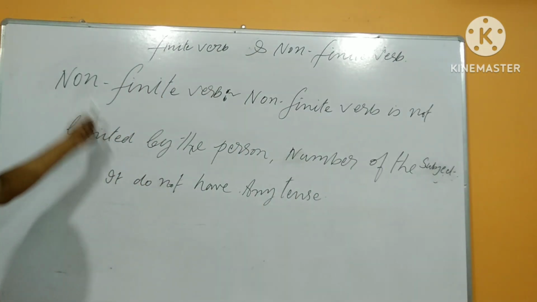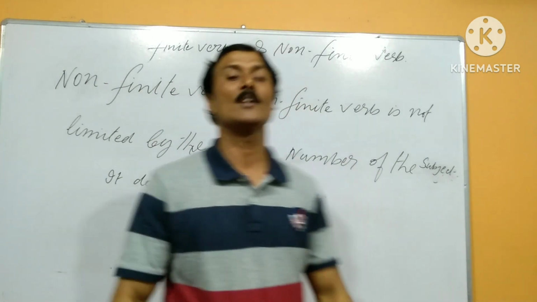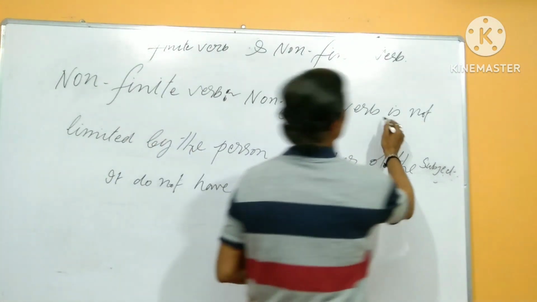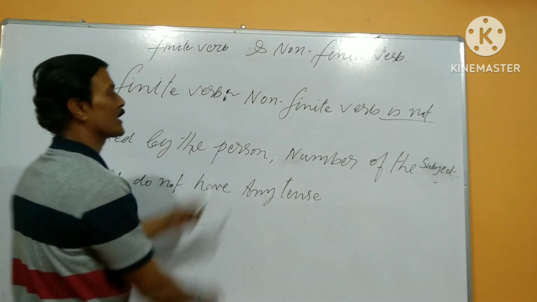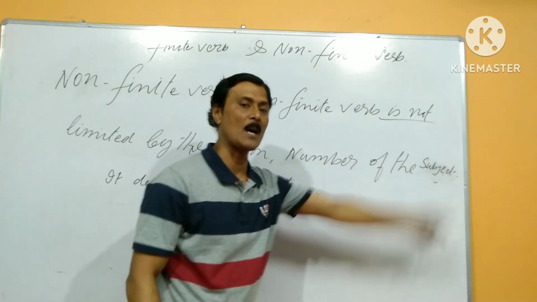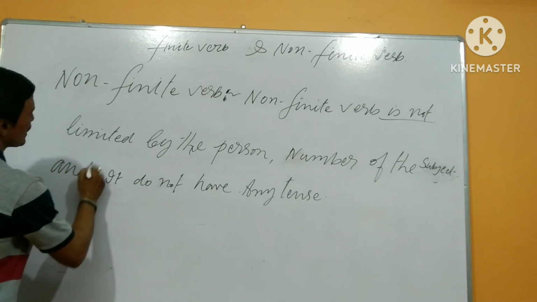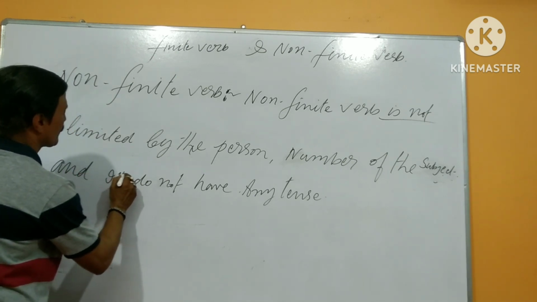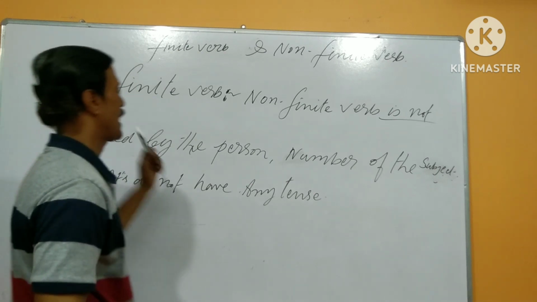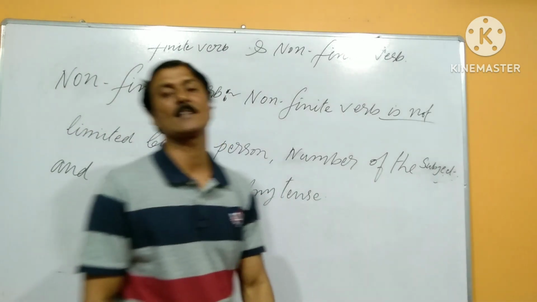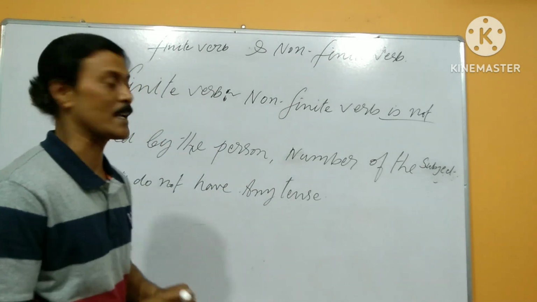And side by side, a non-finite verb, that kind of verb, don't forget, is not limited by the person and number of the subject, and I noted here that it does not have any tenses. Okay, so a non-finite verb doesn't have any tense.